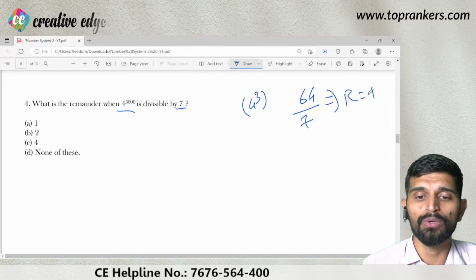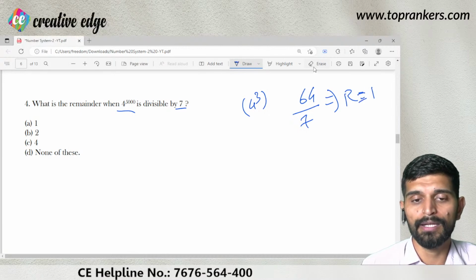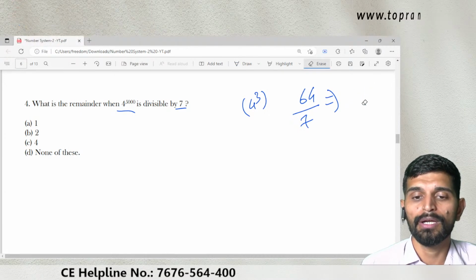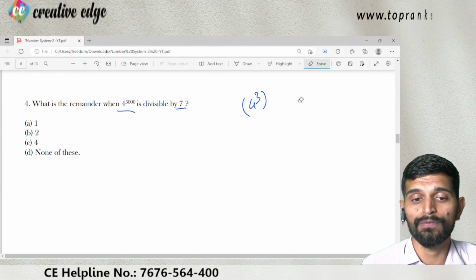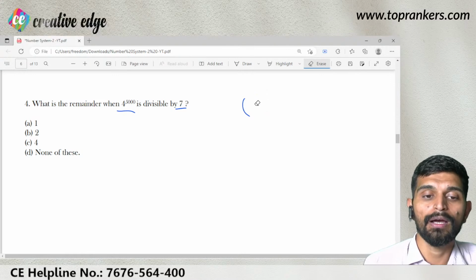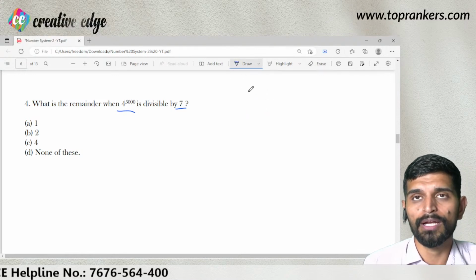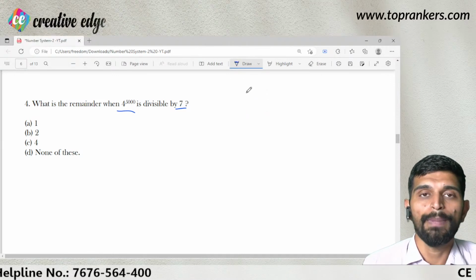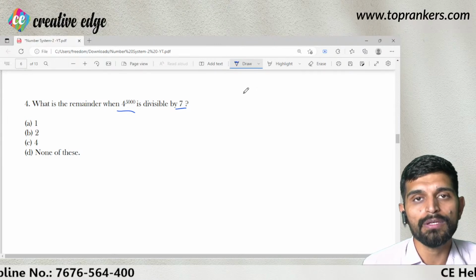So what we do in this remainder part is we try to convert it into a power with remainder plus 1 or minus 1, so that we can reach the conclusion easily, as we know any power of 1 is always 1.